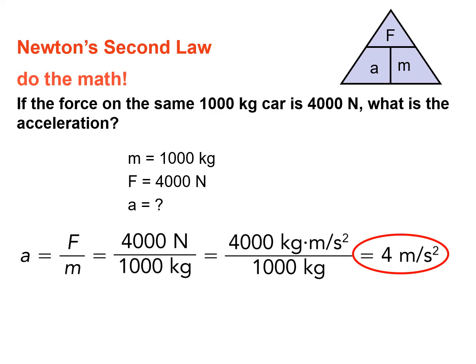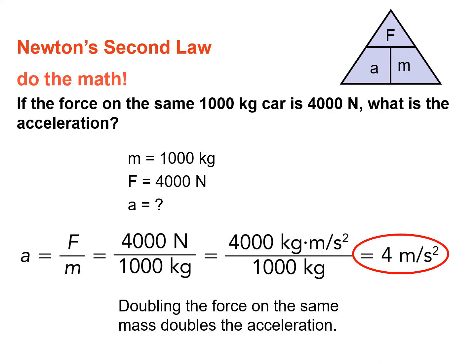We'll get 4 meters per second squared. Now, if you recall, the last answer was 2 meters per second squared. I hope you understand that what we're saying here is anytime you double the force, you double the acceleration. This is a specific case, but we can generalize from it.